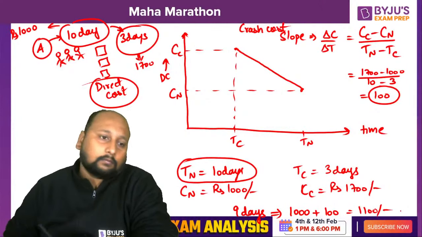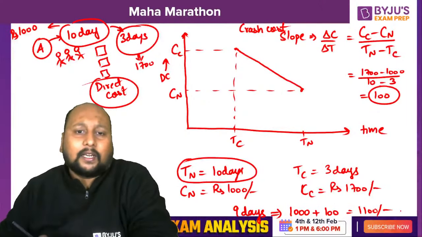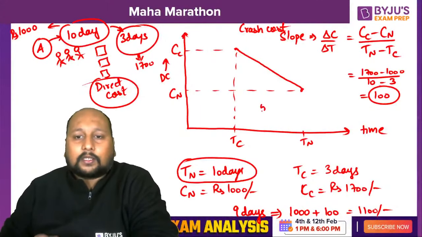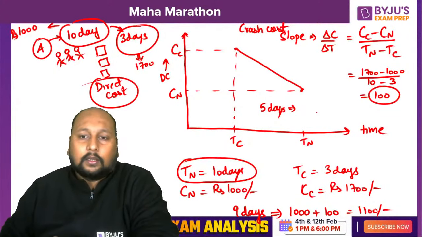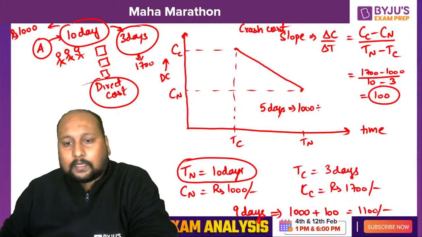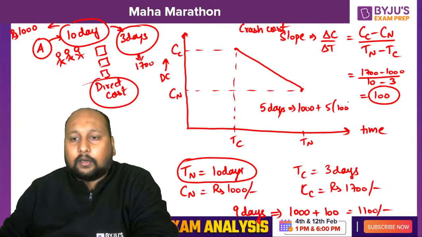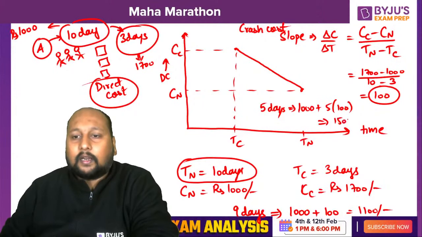Let us suppose I'm completing this activity in 5 days. Can you tell me how much it will cost in 5 days? What is the total direct cost? 1000 plus, since it is being crashed by 5 days, 5 into 100, so it will be costing me 1500 rupees.